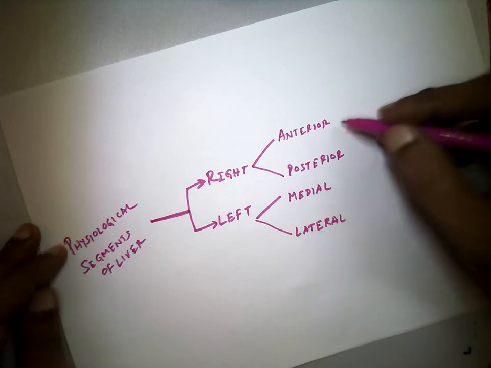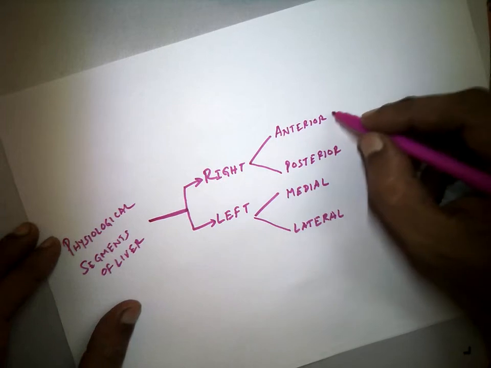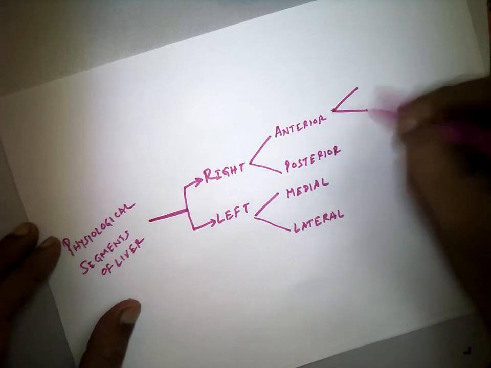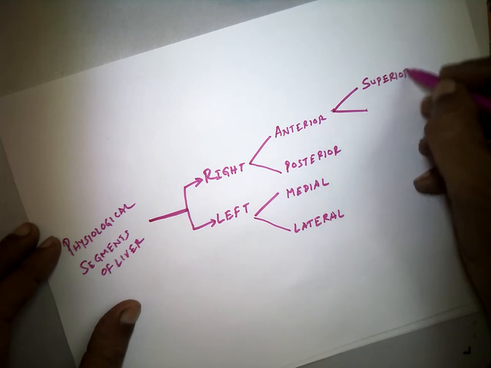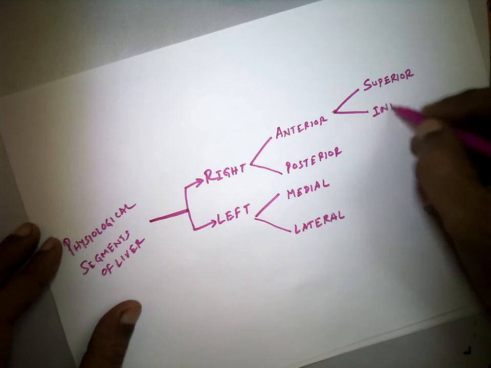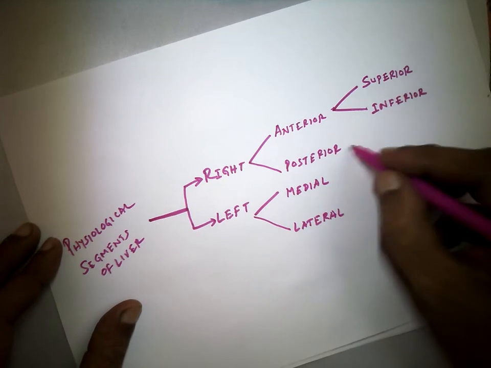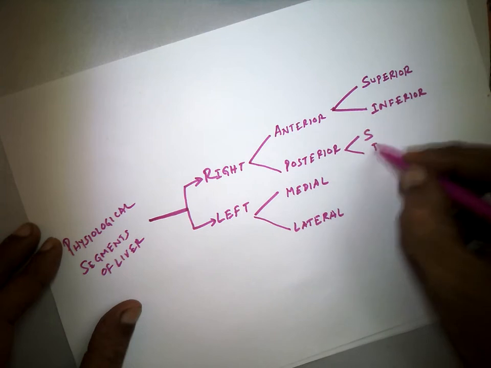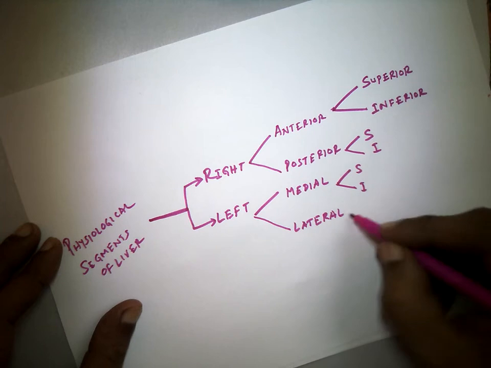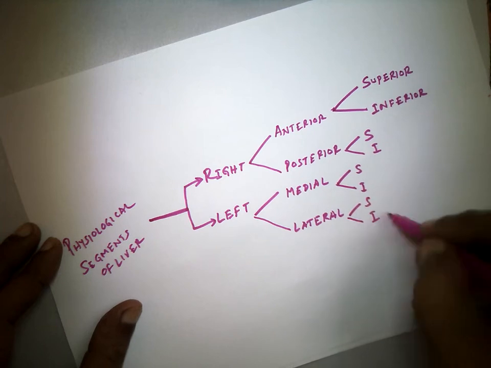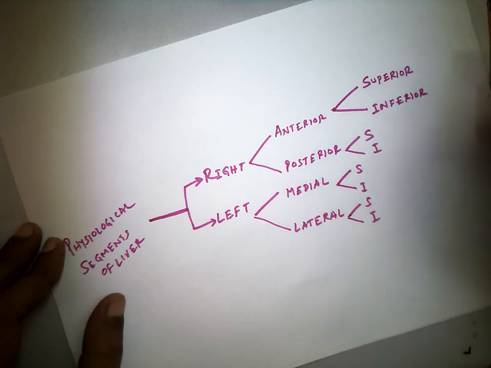Now these four divisions are again divided into superior and inferior. Superior, inferior, superior, inferior, superior, inferior. Now we will be naming each of these 8 segments that we see here.